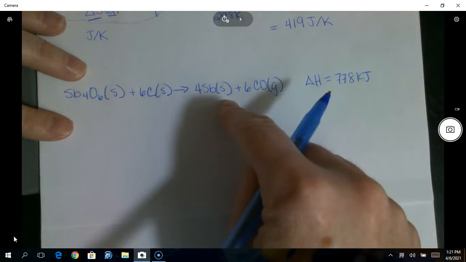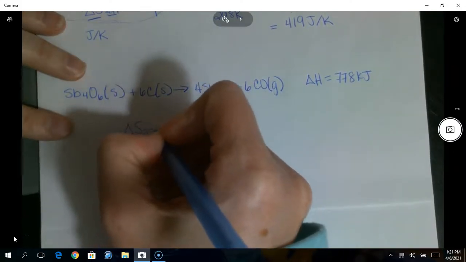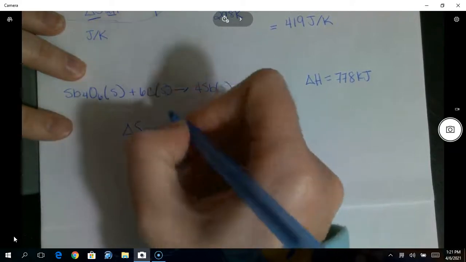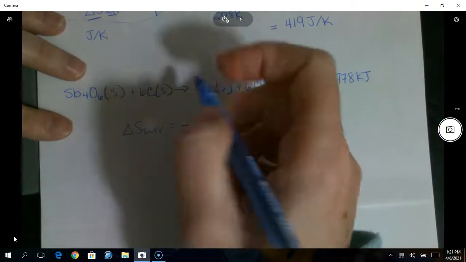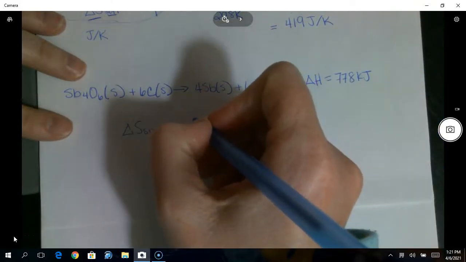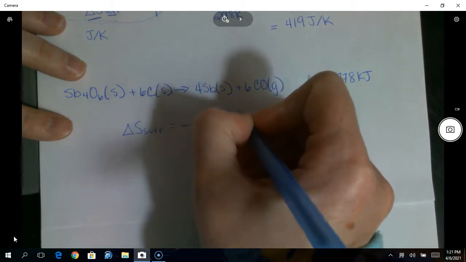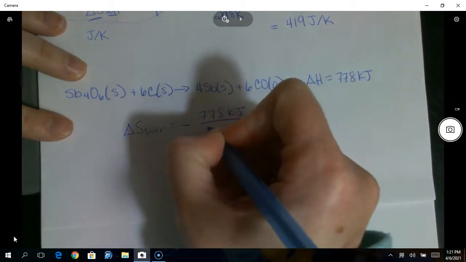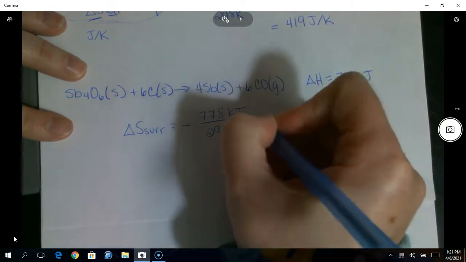So for this guy, right, we've got delta S surroundings. The change of entropy in the surroundings is equal to negative our delta H. So that's going to be negative 778 kilojoules divided by, still using kelvins, 298 kelvins.